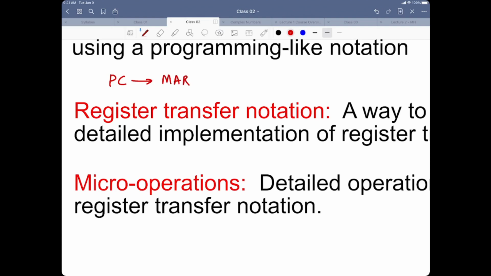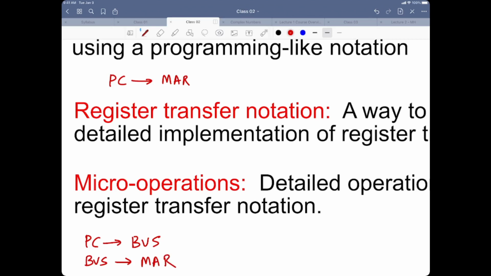But when you're talking about micro operations, you go one level down. You go PC to bus, and then bus to MAR. Just an example, right? So register transfer is going to be a little bit higher level, and when you look at micro operations, that's going to be a little bit more detail.